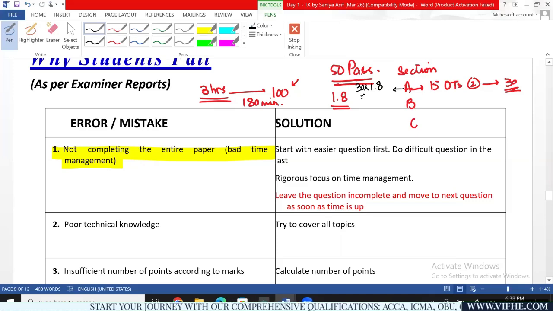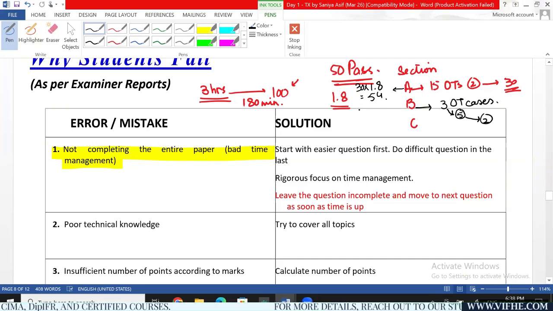That is 54 minutes, right? And then in section B, you will have 3 OT cases, and every OT case will have 5 OTs, and every OT will be of 2 marks each.